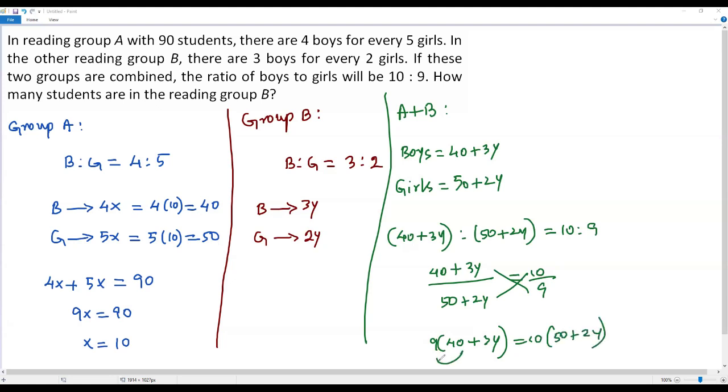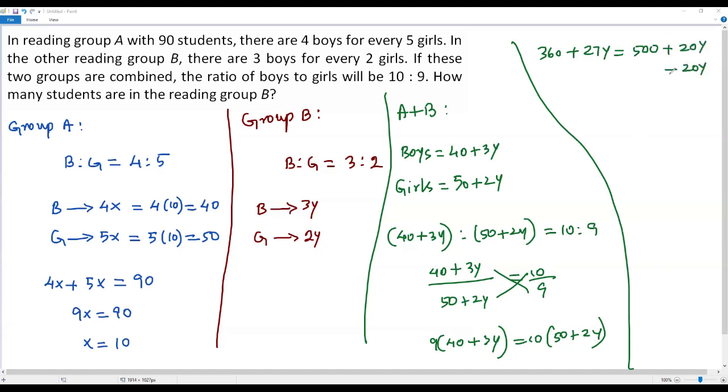Now we distribute the 9 to the 40 and 3y. 9 times 40 is 360, and 9 times 3y is 27y. Similarly, 10 times 50 is 500, and 10 times 2y is 20y. Now let me subtract 20y from both sides, and at the same time subtract 360 from both sides.